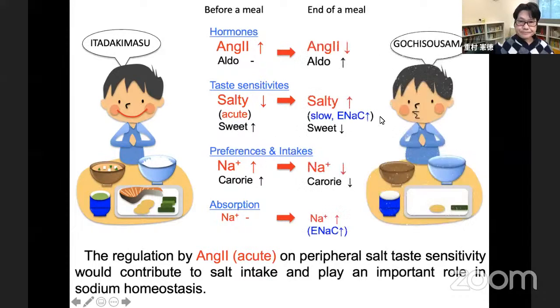And when body sodium level is recovered, angiotensin 2 is reduced. Then salt taste sensitivity is recovered, causing reduction of sodium preference and intake. The regulation by angiotensin 2 of peripheral salt taste sensitivity would contribute to salt intake and play an important role in sodium homeostasis.